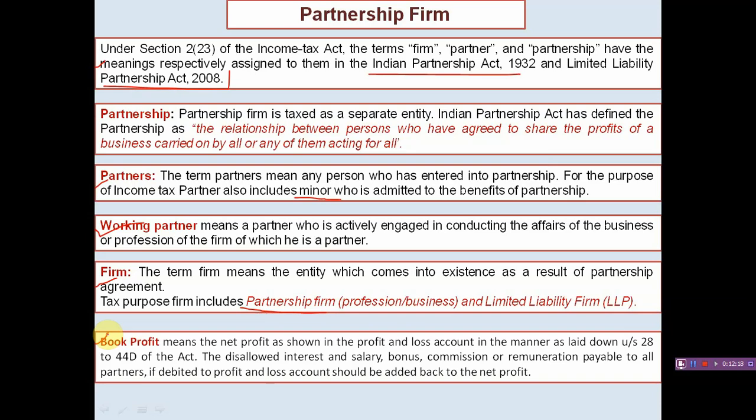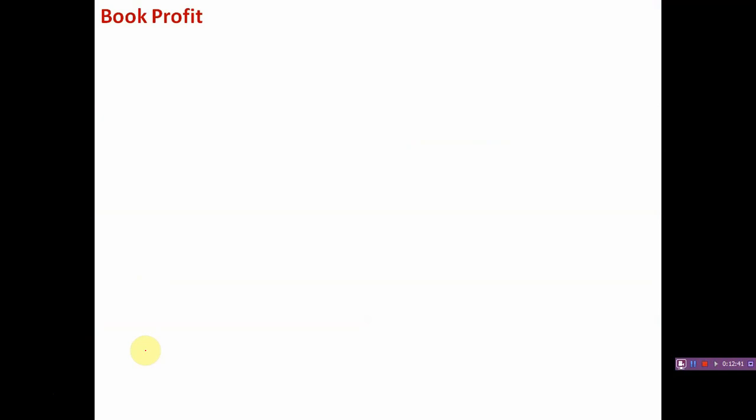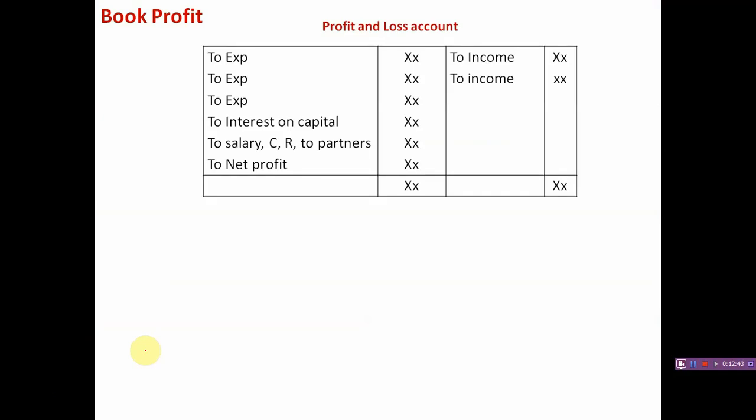Then to that income we should add the disallowed interest on capital and salary, bonus, commission or remuneration payable to all the partners, if debited to profit and loss account. Then we will get the book profit. Let us see how to compute the book profit.